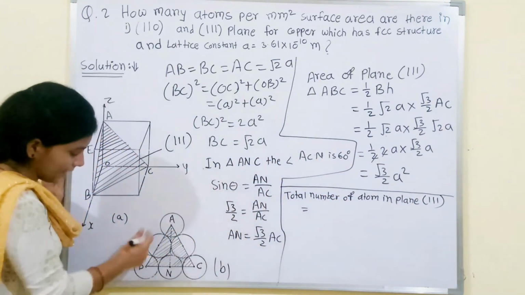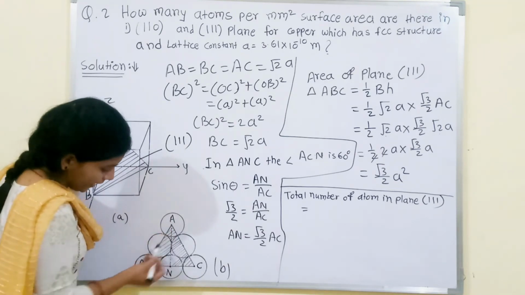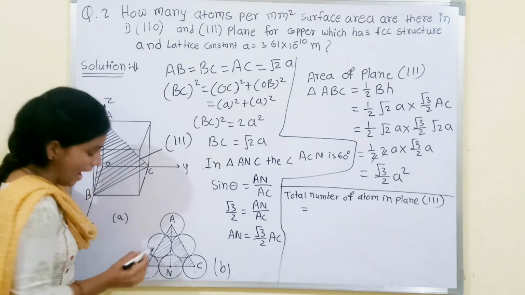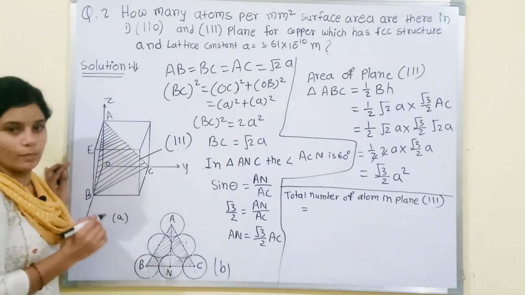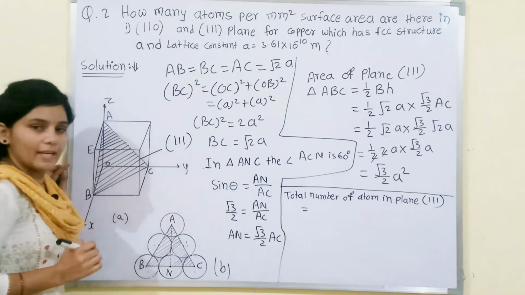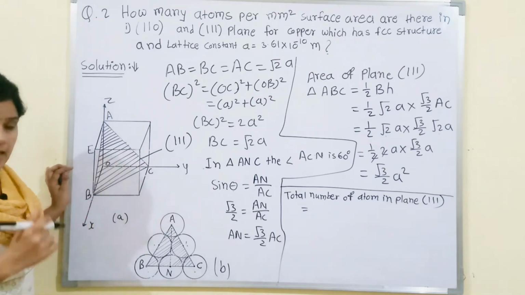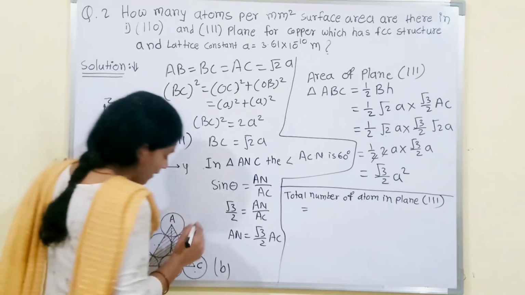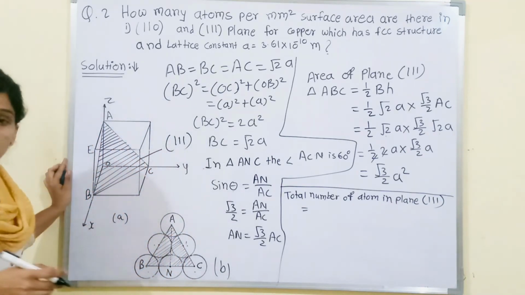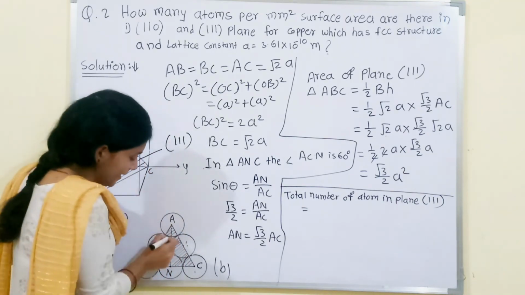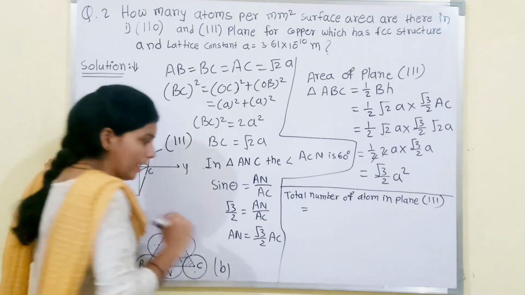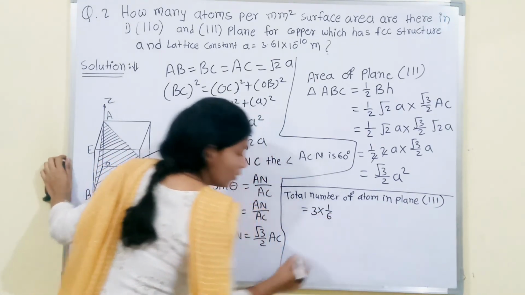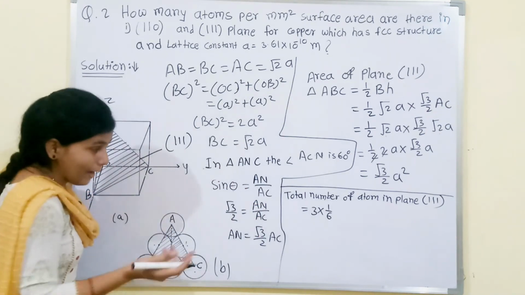We can see here there are 3 corner atoms, first, second and third, and 3 face centered atoms, 1, 2, 3. There are 6 atoms. Relating to corner atoms, only 1 by 6 part is in that triangle or plane. So we write 3 into 1 by 6. Why 1 by 6?